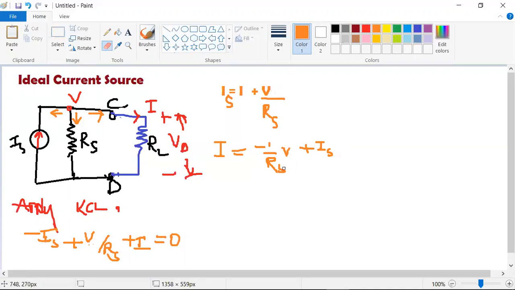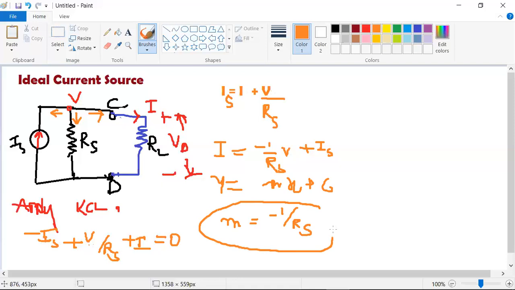Right. If you compare this equation with my slope equation, y equals mx plus c, here my slope is m equals minus 1 by RS. Now let me draw the load current versus voltage.